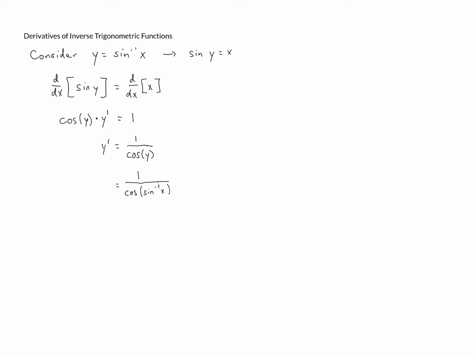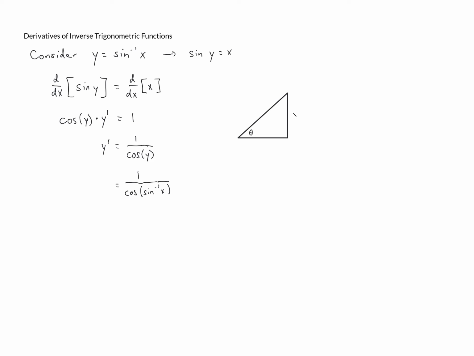So remember, inverse sine of x is asking which angle gives us a sine that's equal to x. And so if we're looking at this angle theta, and we say that it has sine equal to x, well, sine is opposite over hypotenuse, so we could write x and 1 here.